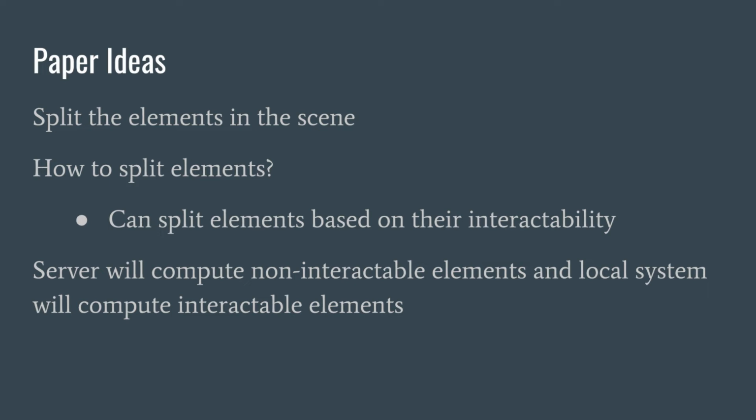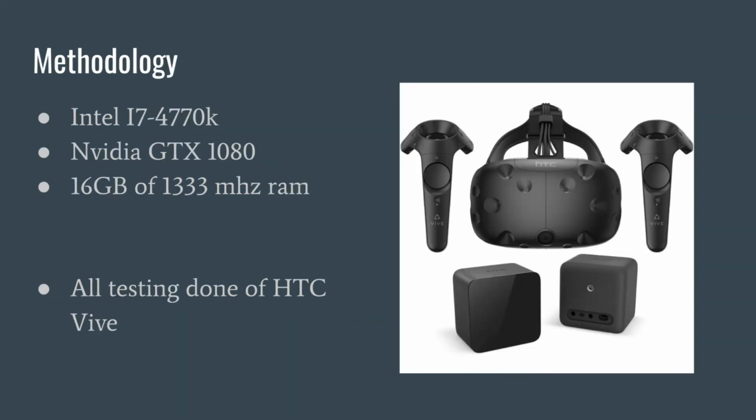Next, the paper continues by looking into the methodology used for studying the approach of splitting and distributing the elements in the scene. We must first find solutions that cover all of the requirements laid out in the earlier sections. The local system used for all testing in the paper contains an Intel i7-4770K processor, 16 gigabytes of 1333 MHz RAM, and an NVIDIA GTX 1080 video card.